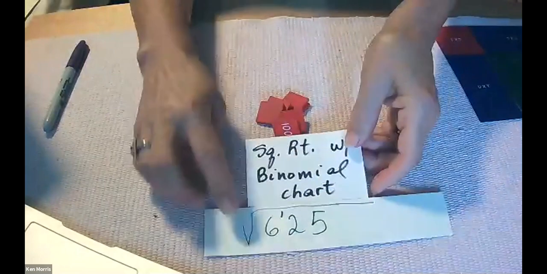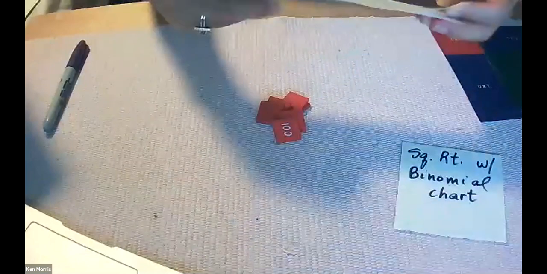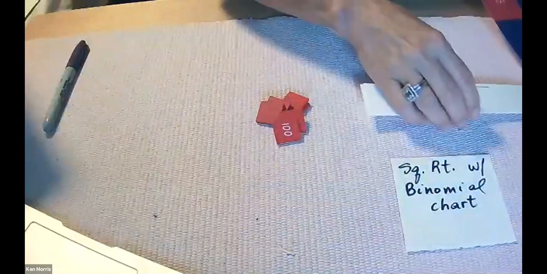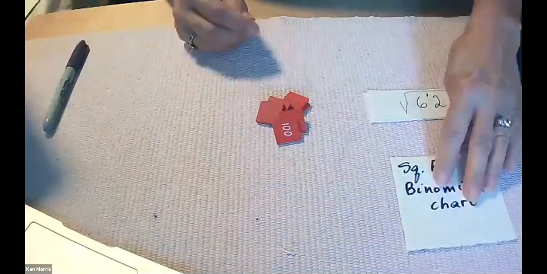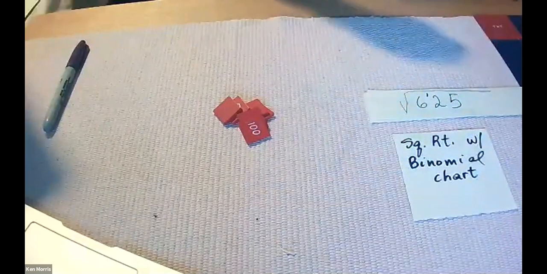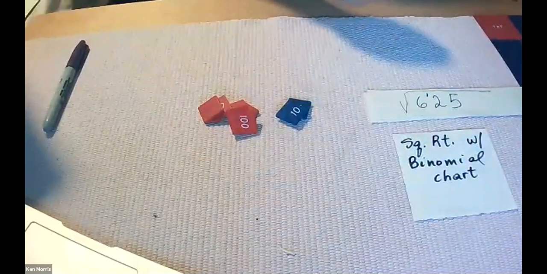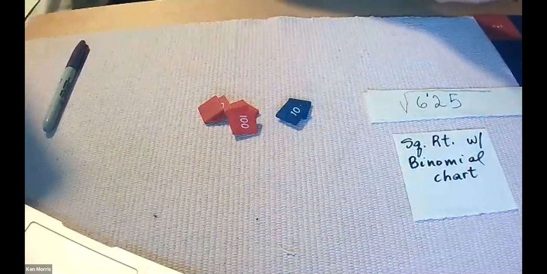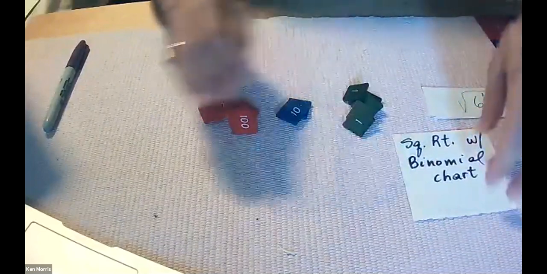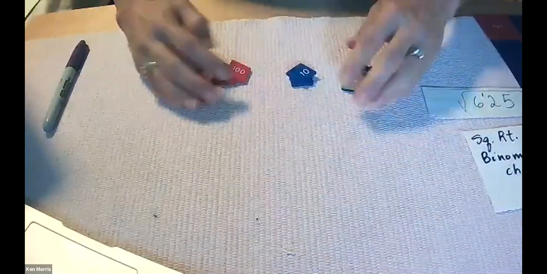Let me move the title here, and I will move this over here. Okay. So we have 600s and 2 10s, and 5 units. There we go, 625. Move these up a little bit.